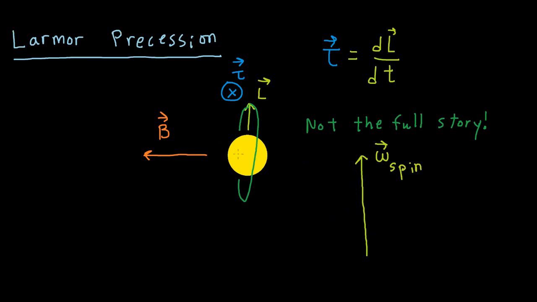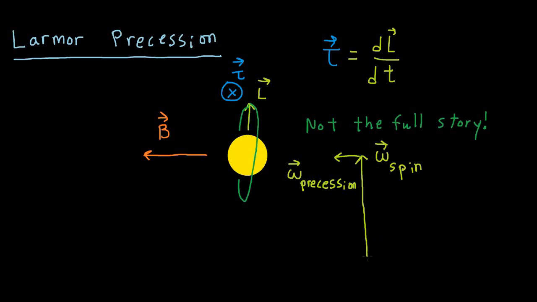But if the electron is also precessing, then not only will the electron be rotating along the spin axis, but it will also be rotating along this axis of precession. So here I am now drawing omega sub precession.